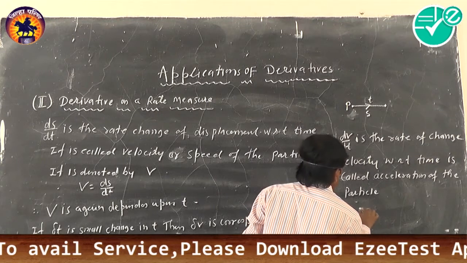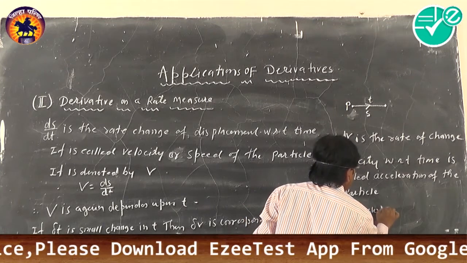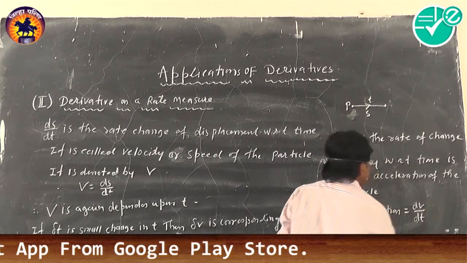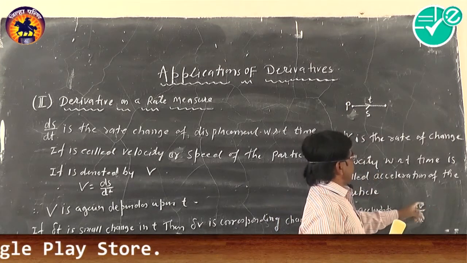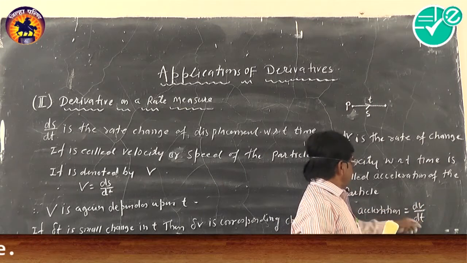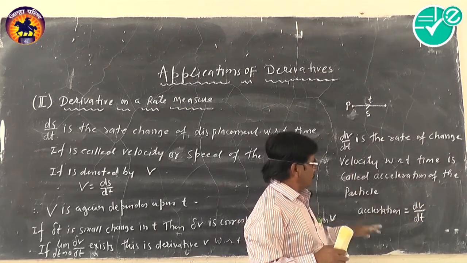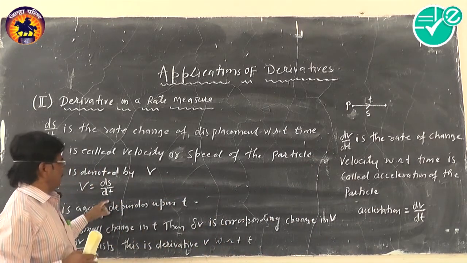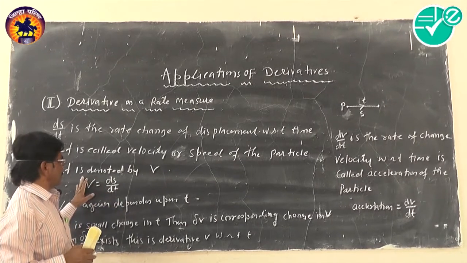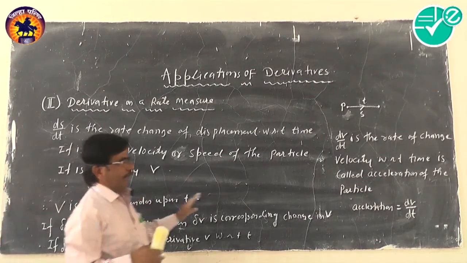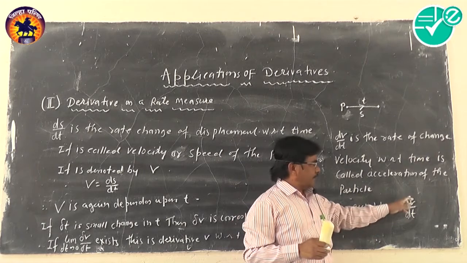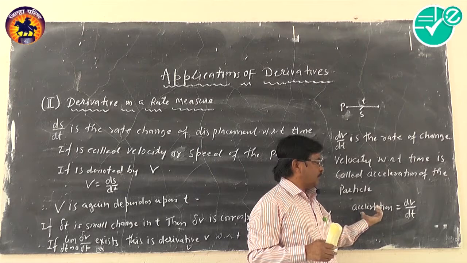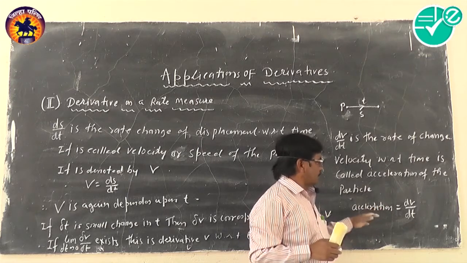Therefore we can write here acceleration is equal to dv upon dt. So we have two formulas: velocity, V is equal to ds by dt, the rate of change of displacement with respect to time, and acceleration, which is dv upon dt, the rate of change of velocity with respect to time, the acceleration of the particle at a time t. Therefore these are two formulae.